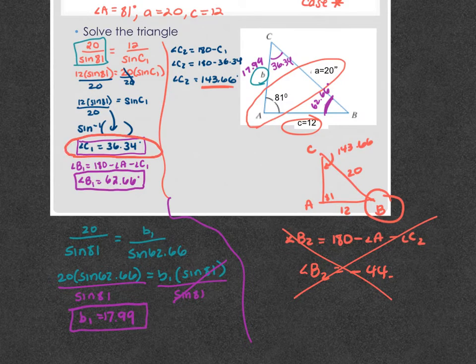We take that and subtract it from 180 to get the first missing angle of C2, or triangle 2. So whatever angle you find first on your first triangle, if it was angle A that I found, I'm going to call it A1. And then I'm going to start in a second triangle with A2, and the way I find it is 180 minus A1. So it's the supplement to the first angle you find.